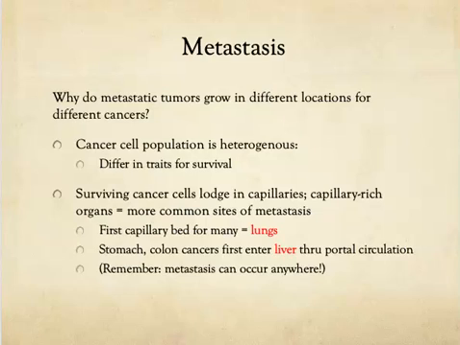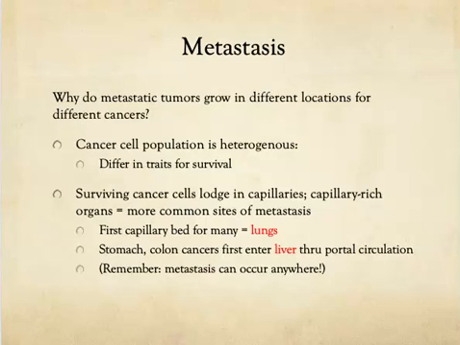One of the questions that people ask about metastasis is, why is it that the site where the secondary tumors grow differs for different types of cancers? And there's a couple of things that contribute to that. The first thing to remember is that the cancer cell population inside of a tumor is going to be heterogeneous. It's going to be different.